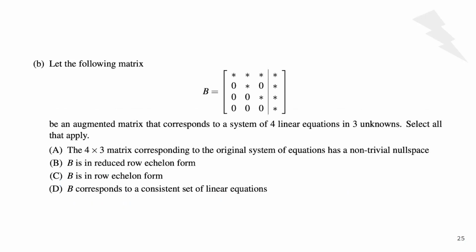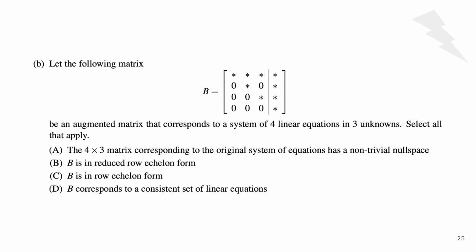Okay, and for the purpose of time, I'm just going to walk through the solution to this. So we have our following matrix be a system of 4 linear equations and 3 unknowns. Select all that apply. Our first option is that the 4x3 matrix corresponding to the original system of equations has a non-trivial null space.